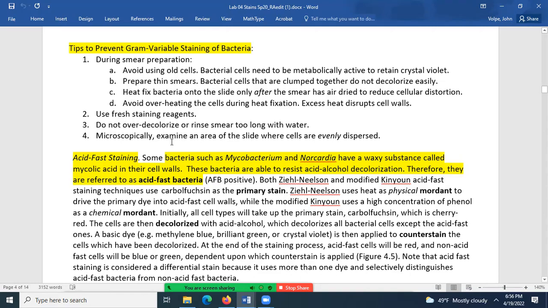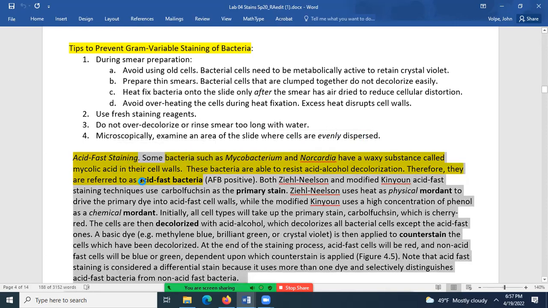Another differential stain is the acid-fast stain. Some bacteria, particularly the genera Mycobacterium and Nocardia, have a waxy substance in their cell walls. That waxy substance is mycolic acid.